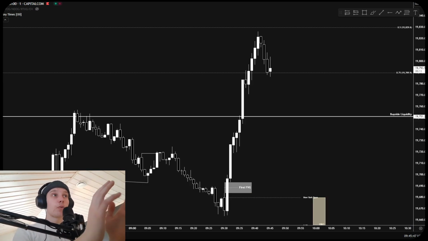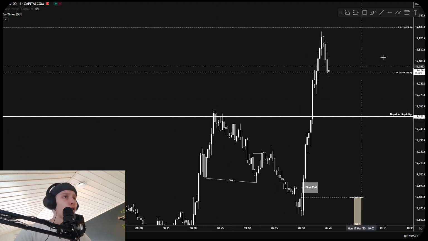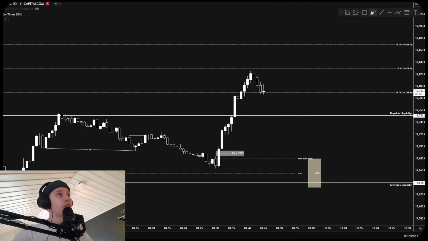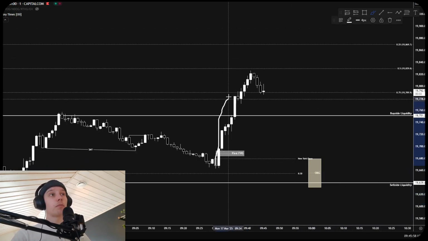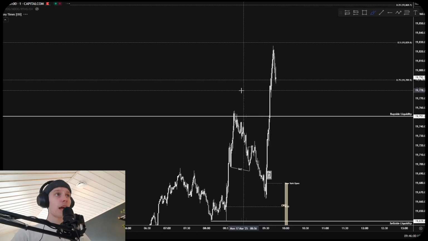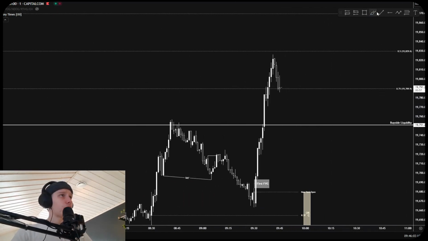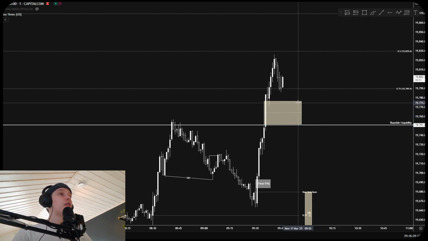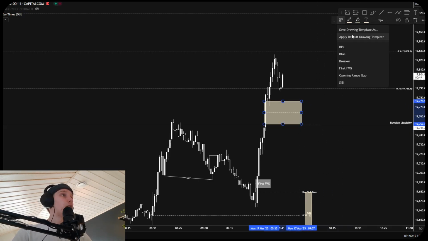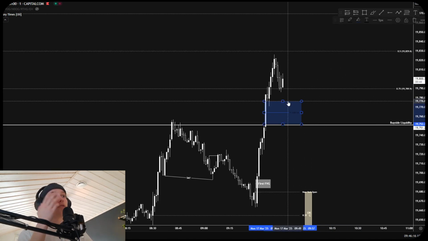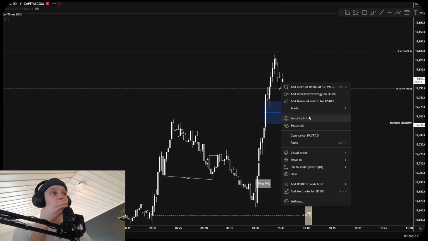So there is certainly one thing that is putting me off the shorts, because, well, first of all, if you want to see a fake move higher, it shouldn't really be this big. And on top of that, if I want to see just a liquidity sweep above this high, market shouldn't really print a fair value gap on this region. So this shouldn't really happen like this.